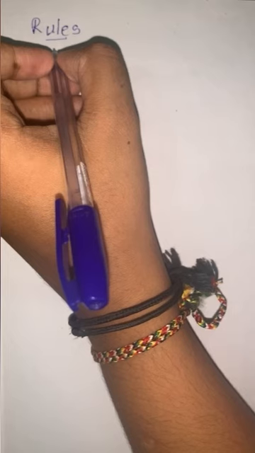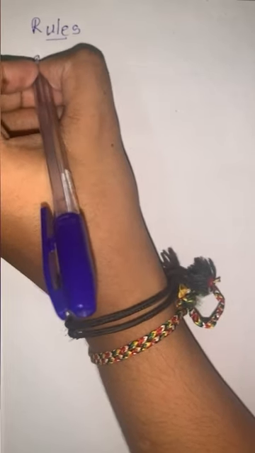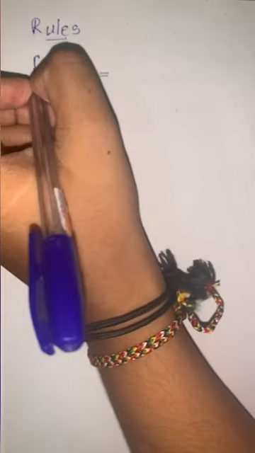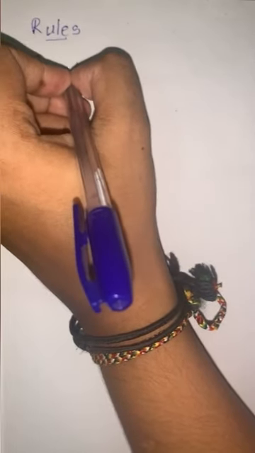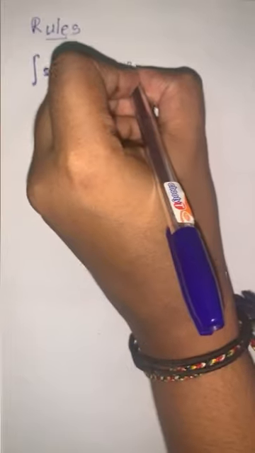Let's see some rules we use in integration. If you write the integration of 2x with respect to dx, think about what we would differentiate to get 2x. If we differentiate x squared with respect to x, we get 2x. So the answer will be x squared.